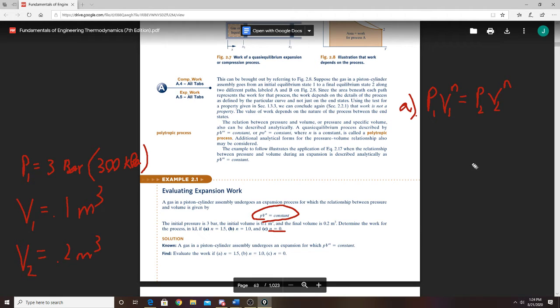And then you can go through the checklist over here and see what you have. We know pressure 1, we know volume 1, and we know volume 2, and we also know n because in the question it's given to us for 3 different cases, so this is 3 different questions.